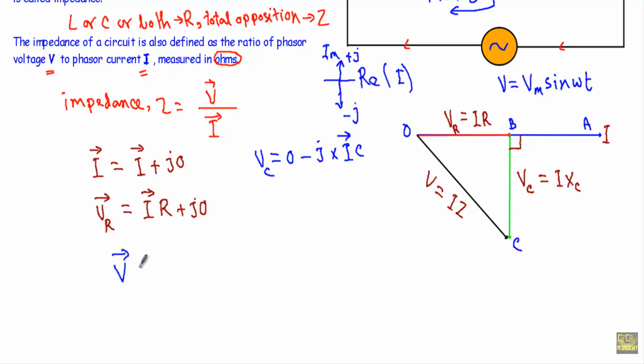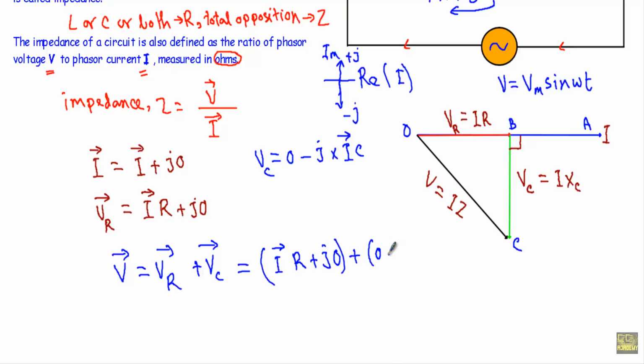Putting in VR equal to IR plus j0 and VC equal to 0 minus j I XC, I get I phasor into R minus jXC. This is equal to our voltage phasor V.